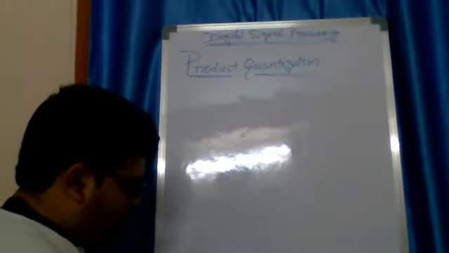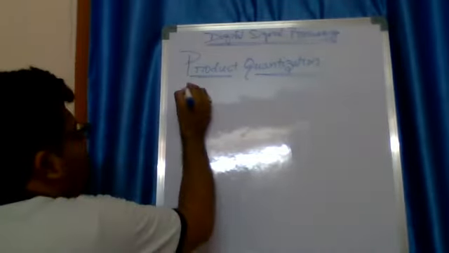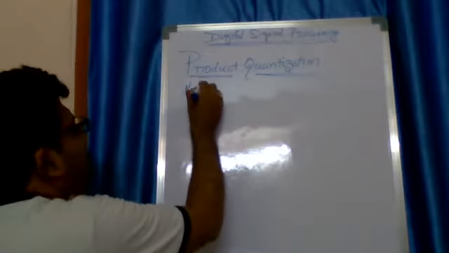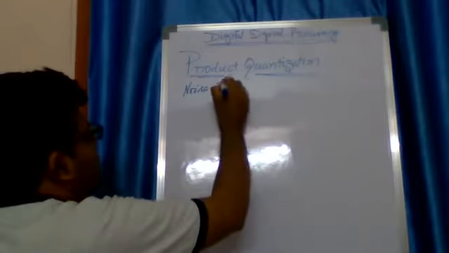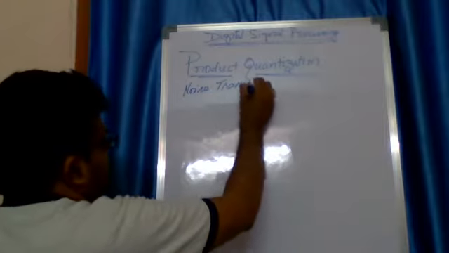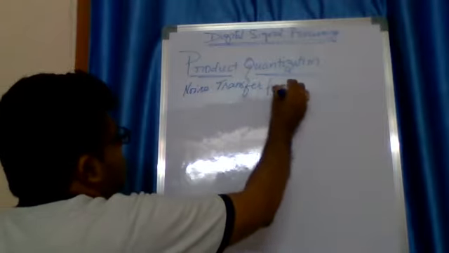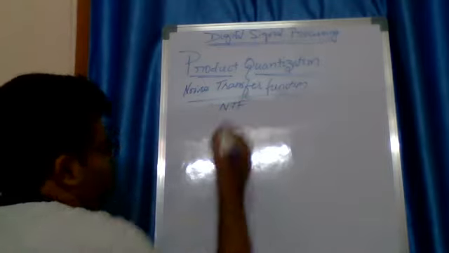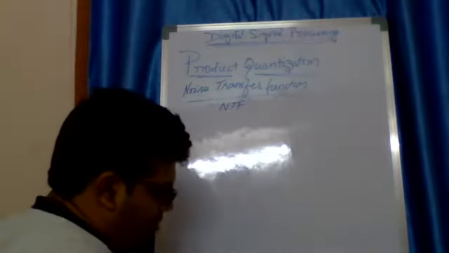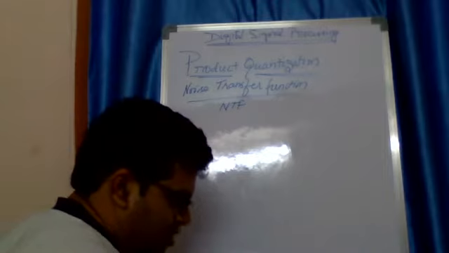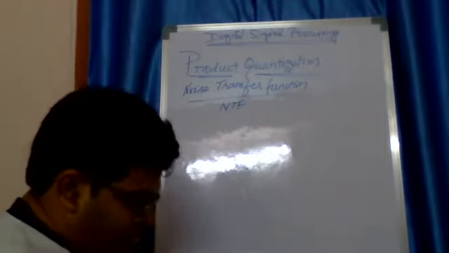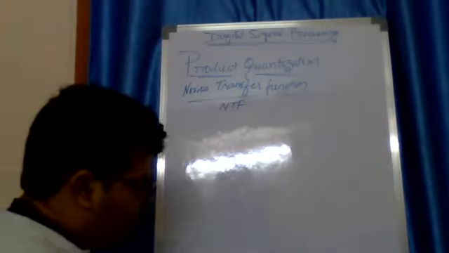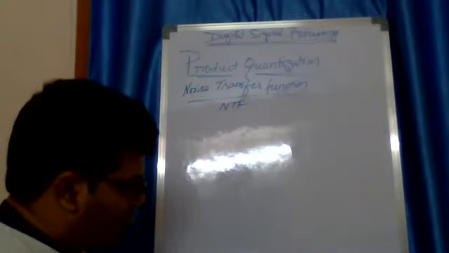I'm going to give you some overview of this concept. Here also we have the term called noise transfer function. In short, we represent it as NTF, noise transfer function. This noise transfer function is a transfer function from the noise source to the filter output.